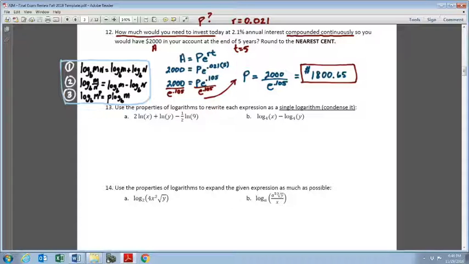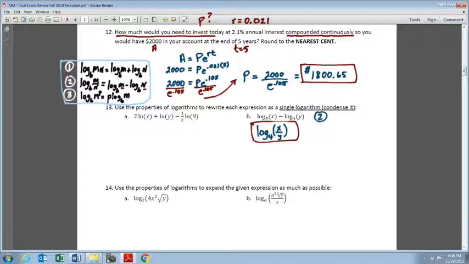So when we have 2 logs subtracted, we can turn that into 1 log, and the m and the n just get divided, and the first one is in the numerator and the second one in the denominator. And so in this case, we're using property 2. We'll have the log base 4 of x over y. So that's all we had to do.